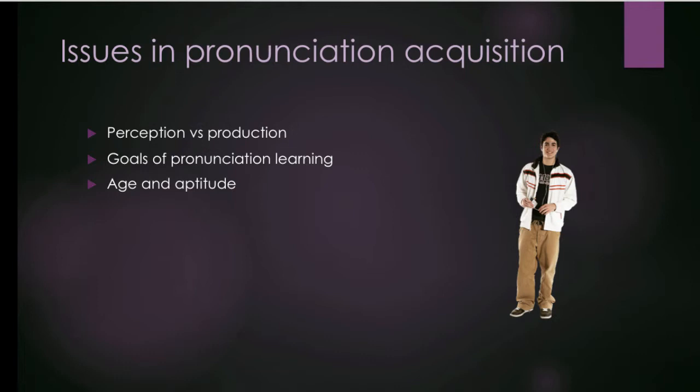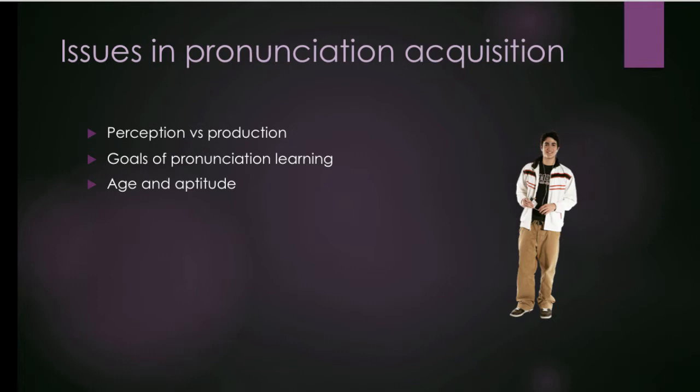In the case of children who grow up in a situation where they're exposed to two languages quite extensively, either because their parents speak different languages or because their parents speak a language other than the language of society, then they really do get enough of both languages and can develop native-like pronunciation in more than one language, in the best case, but not always. Aptitude is another interesting factor here.